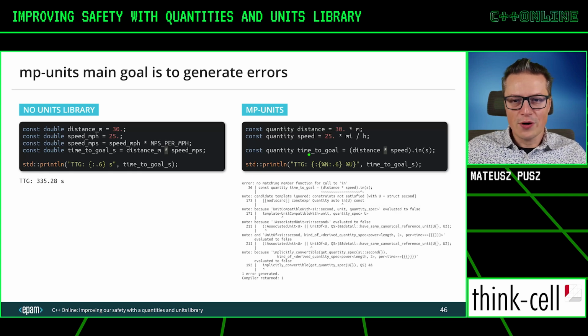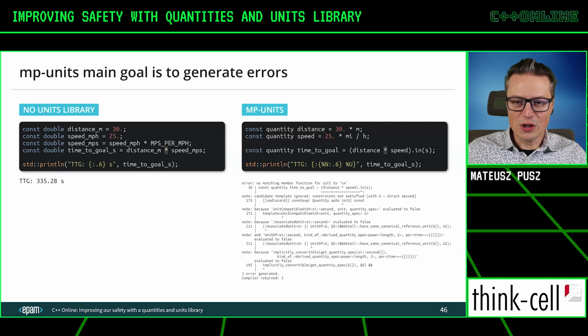In our library, we will always get an error for such errors in logic. Right? We'll have information that if you have distance times speed in seconds, it will tell us that the result of this multiplication cannot be converted to seconds, because it has incorrect units.